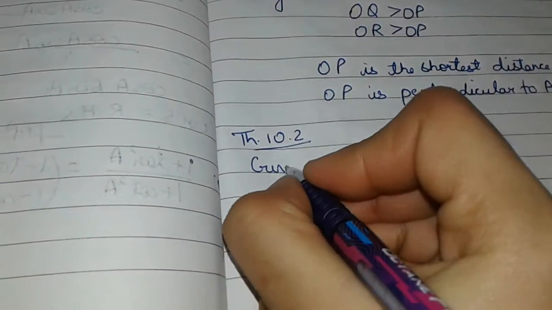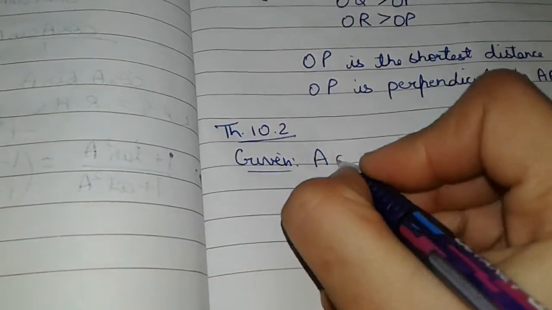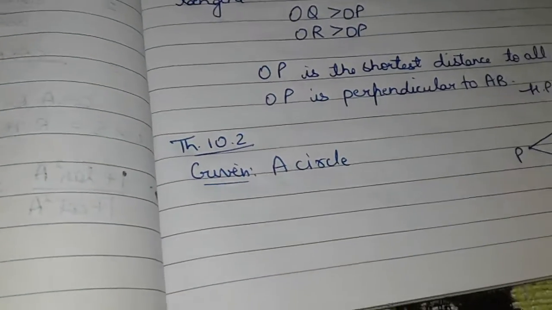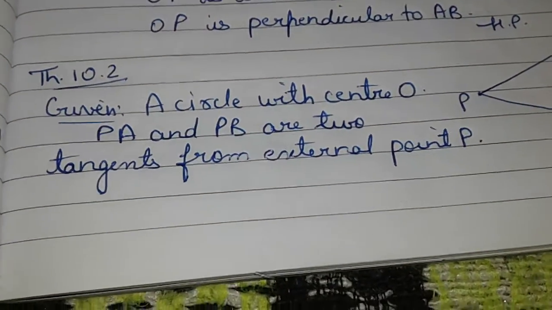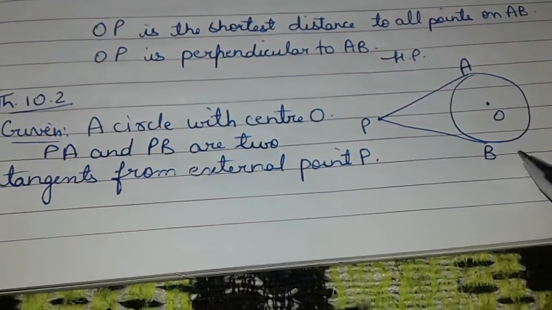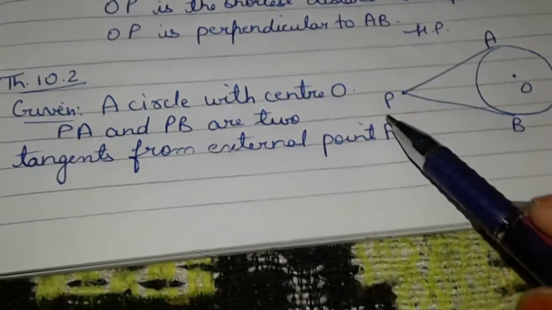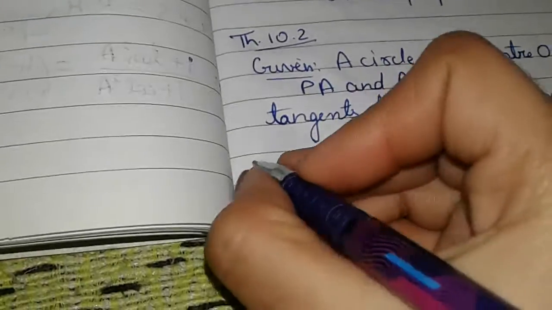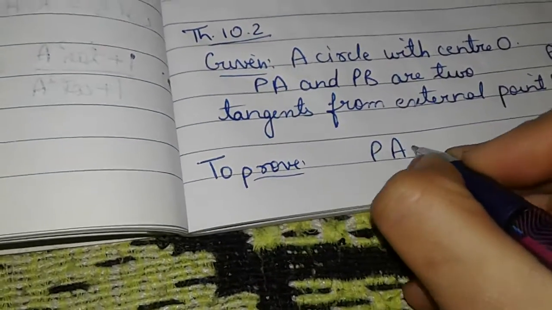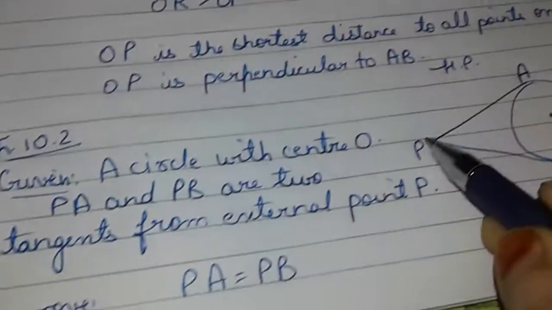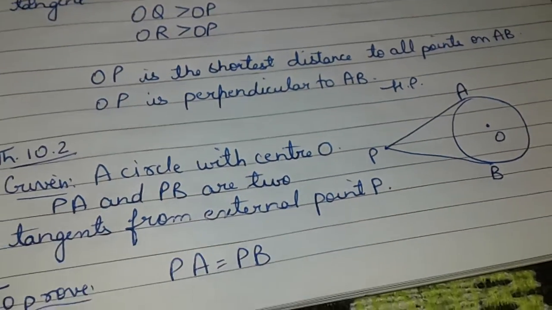Let's write the given. Given is a circle with center O and two tangents PA and PB drawn from external point P. We have to prove PA is equal to PB.